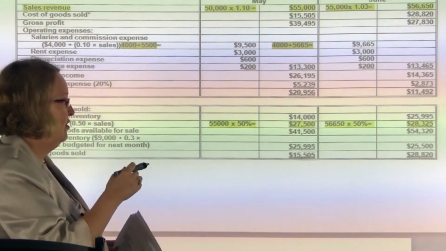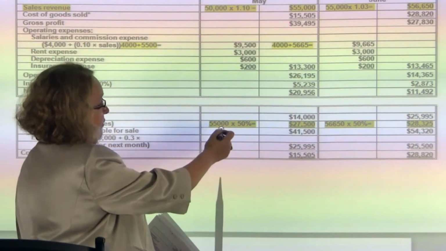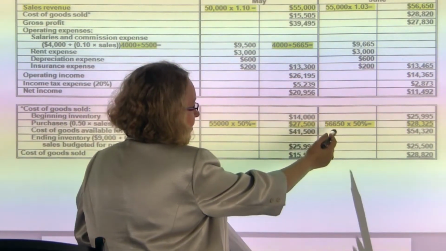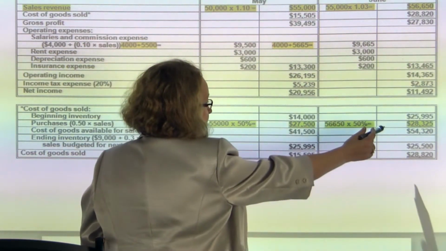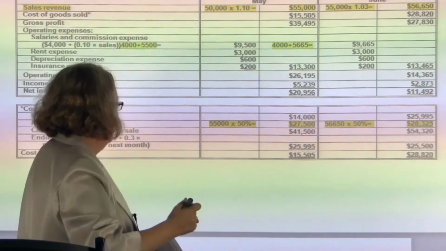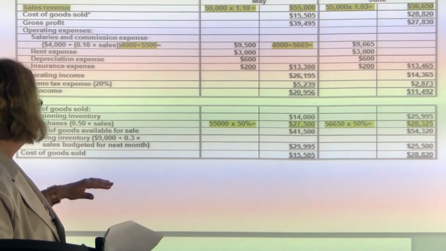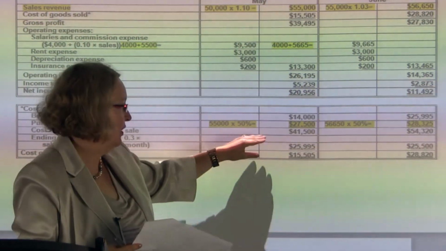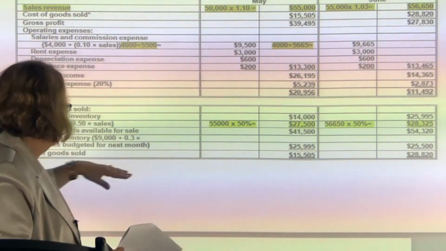So that's what it's costing you to purchase your inputs. So 50% of 55,000 is 27,500, and similarly 50% of your 56,000 is 28,325. So the cost of your goods available for sale, what you started with plus what you purchased during the period, is 41,500.